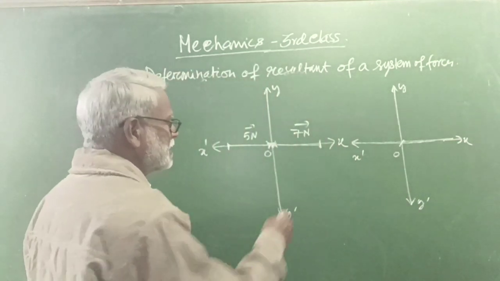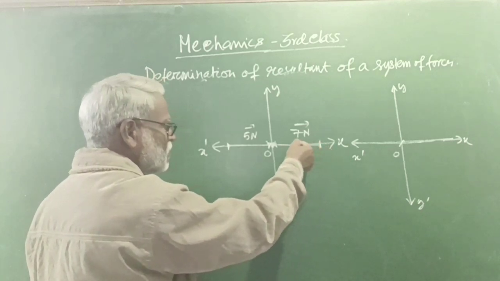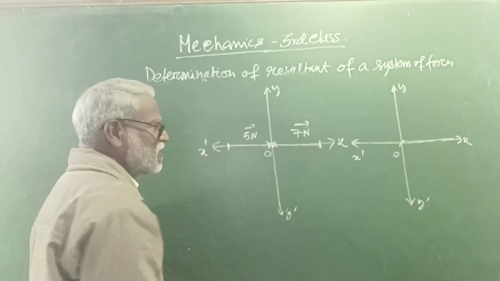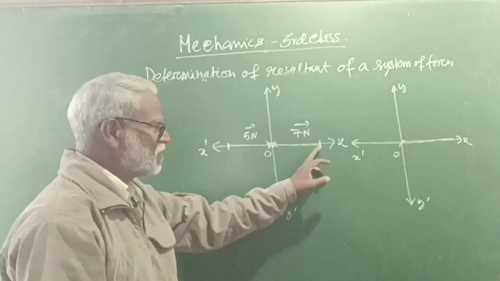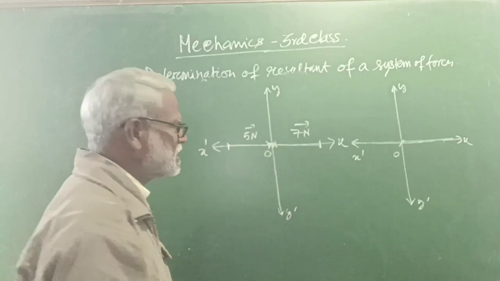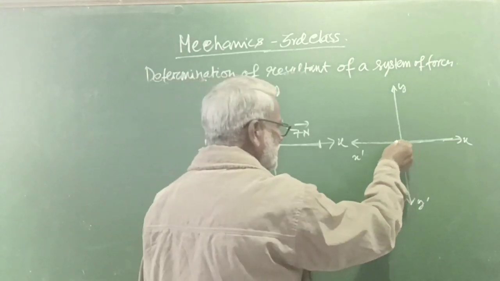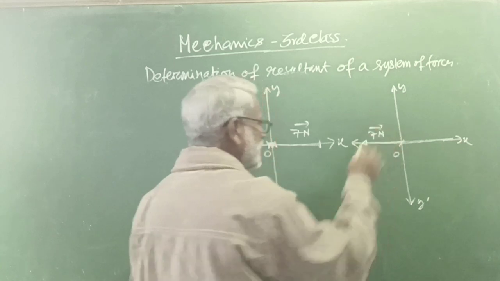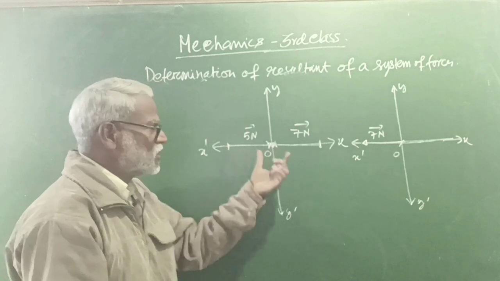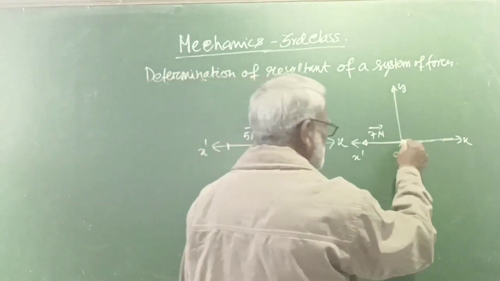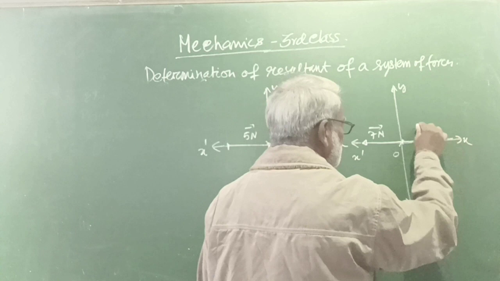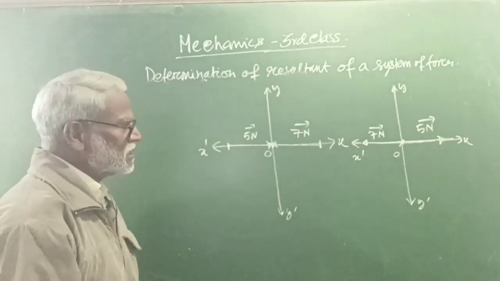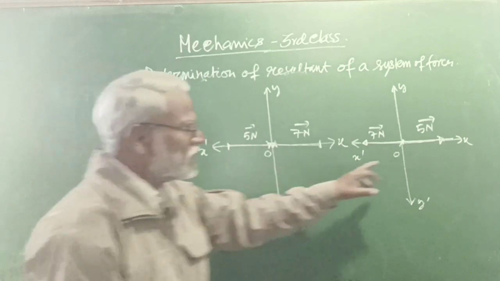So now we can transmit the 7 Newton force in this direction along its line of action, or we can bring the tail of the 7 Newton force to the origin. So we can bring the 7 Newton force to this position and we can take the 5 Newton force to this position. So now the picture changes from this to this.